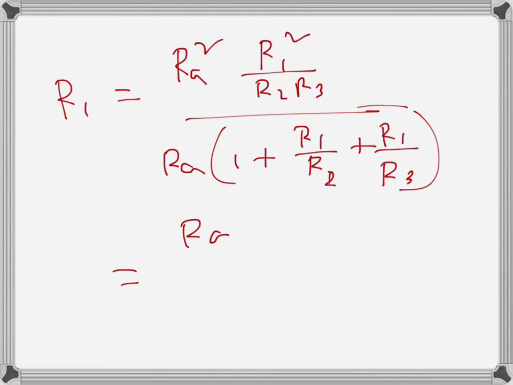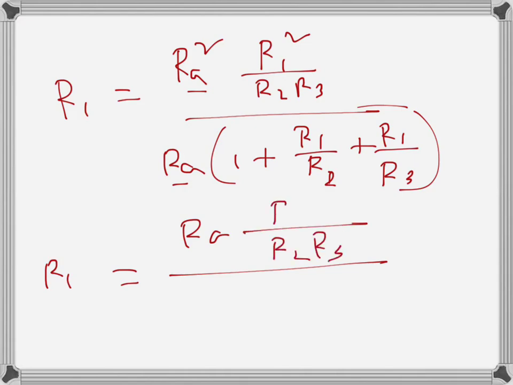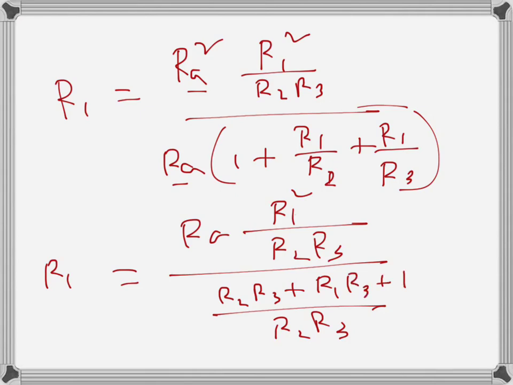So this one is RA now, because RA and RA squared, and R1 here. So this is R2, R3, R1 squared, and this is becoming R2 times R3 plus R1 times R3 plus R2 times R1, like that.